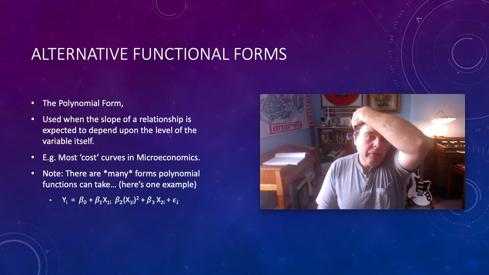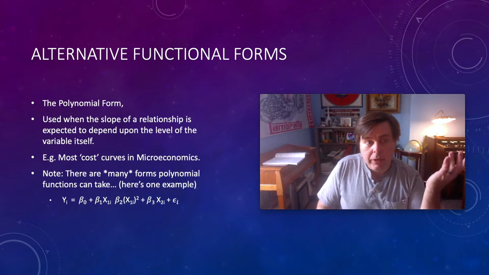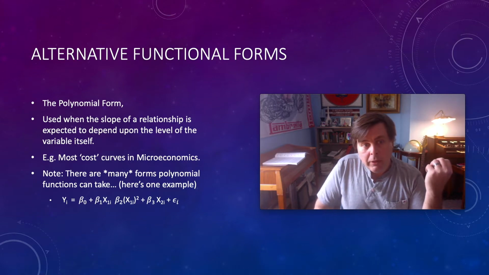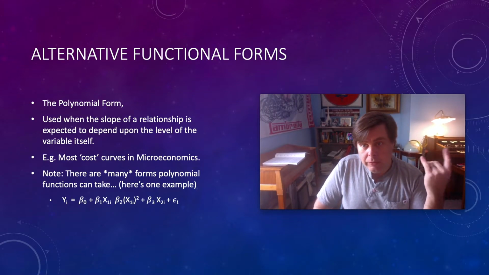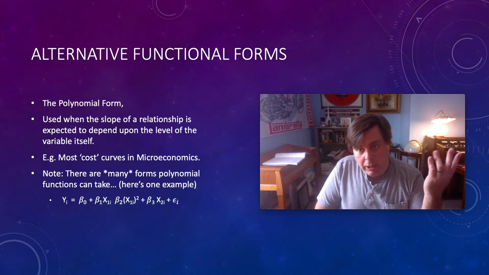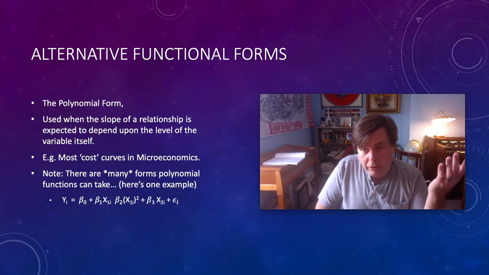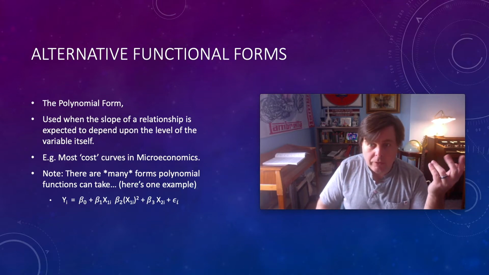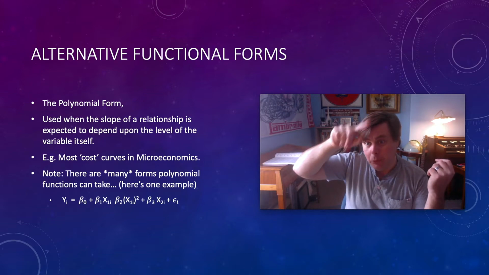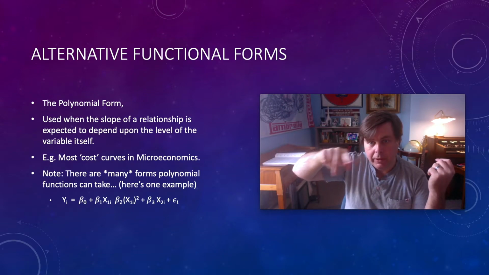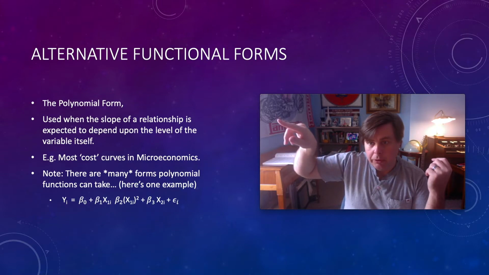The third functional form that we want to discuss here today is the polynomial form, which is used when the slope of a relationship is expected to depend upon the level of the variable itself. For example, if you remember your basic microeconomics, most cost curves, like average cost curves or marginal cost curves, generally go down and then come back up like a bowl or something like that. Mathematically, these are polynomial functions.